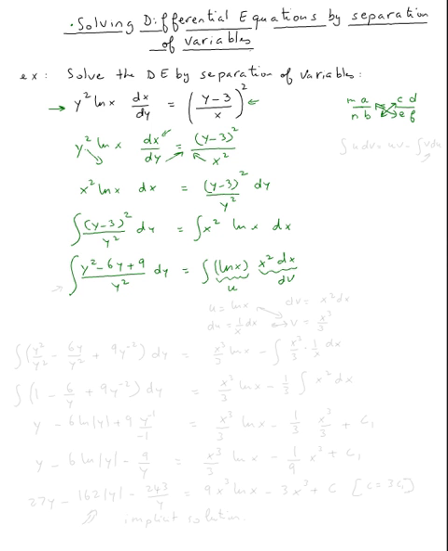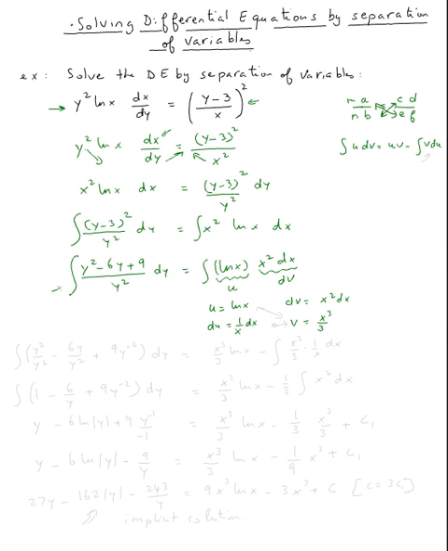The integration by parts formula says the integral of u dv equals uv minus the integral of v du. Since u is ln x, we know du will be 1 over x dx, and dv is x squared dx, so v, the integral of x squared dx, will be x cubed over 3.